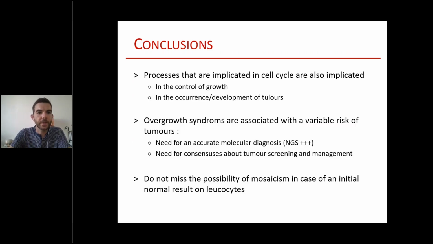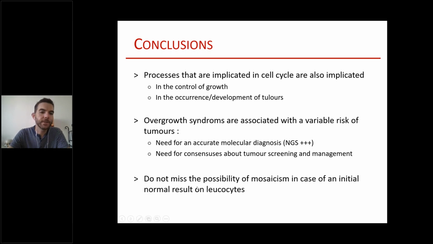So to conclude, I showed you that the processes that are implicated in the control of cell cycle are also implicated in the control of growth and in the occurrence and the development of tumors. The overgrowth syndromes are usually associated with a higher risk of tumor, but which is highly variable depending on the condition. So that means that there is a need for an accurate molecular diagnosis, which can be based on next generation sequencing strategy, but also on methylation studies.